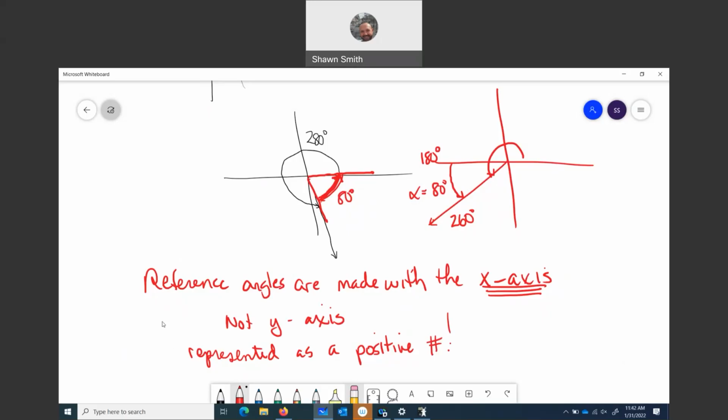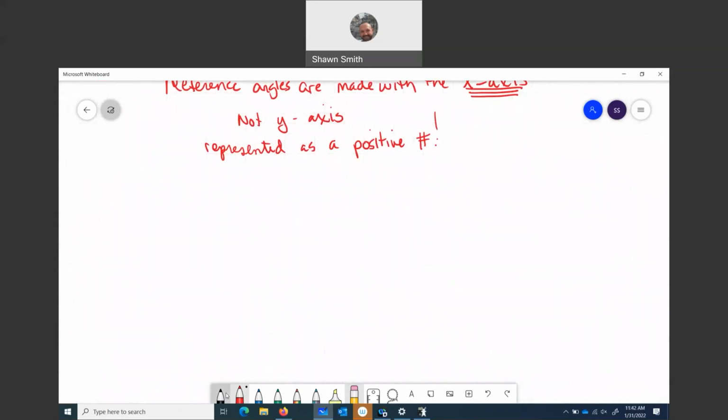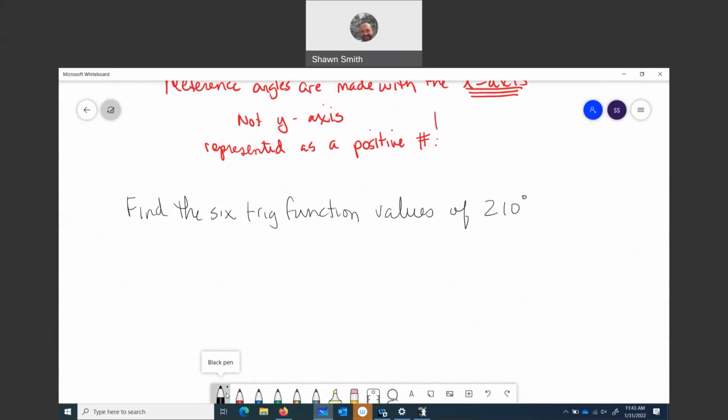All right, so let's find the 6 trig function values of 210 degrees. All right.